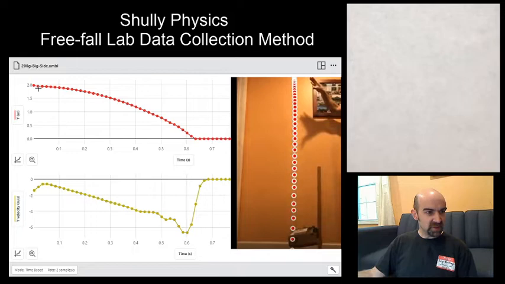Going to the graph, you can see this close to the beginning of the drop. You'll see the box is at a position of about 1.95 meters at about 0.02 seconds after the starting clock. So that is 0.02 seconds, 1.95. The next point is at 0.04 seconds, so a small time interval later, it's still at 1.95.